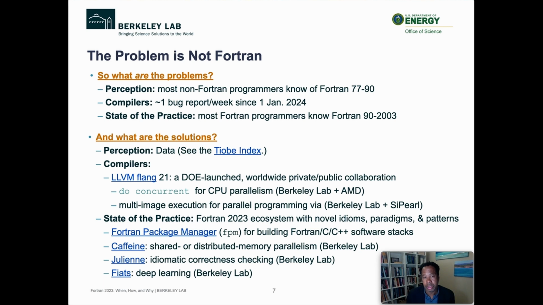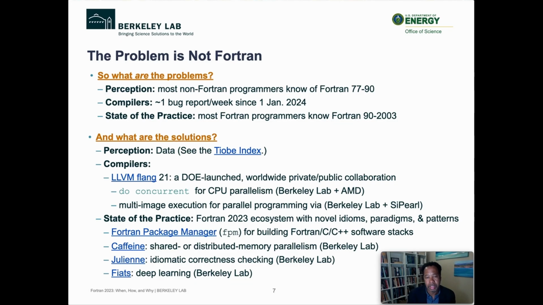My group is working on that with the French company SciPearl. This enables you to adopt a single program, multiple data, SPMD parallel programming style, much like people often use with the message passing interface, MPI, to write code that can work in shared or distributed memory, can run on as many as 100,000 cores on a supercomputer, just writing Fortran.